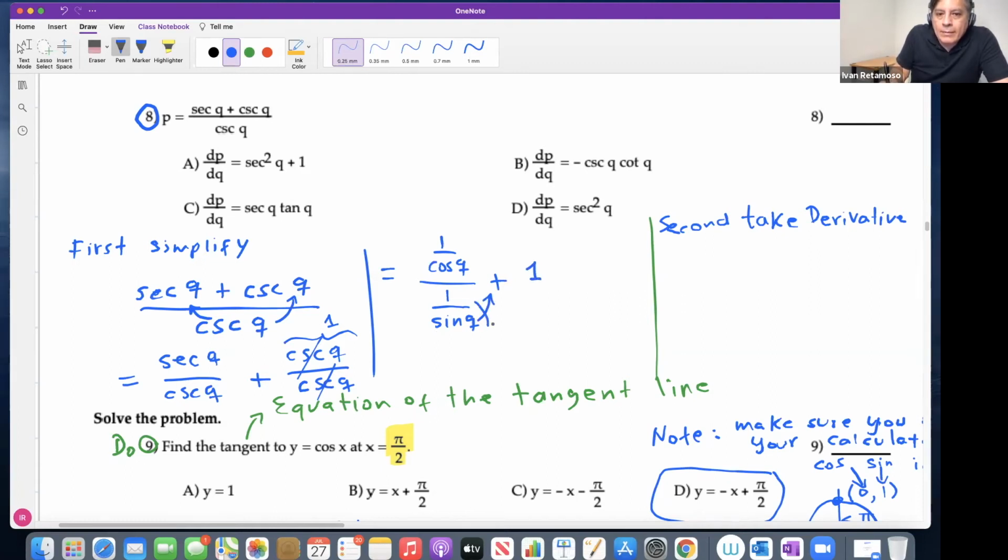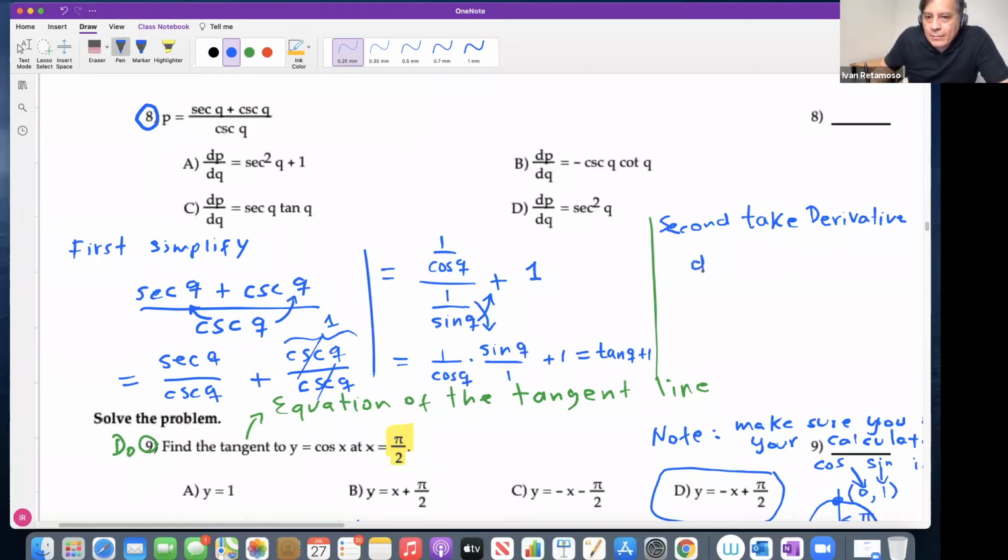Remember, when you divide by a fraction, you end up multiplying by the reciprocal of the fraction in the denominator. This leads to sine of q over cosine of q, which is just tangent of q, plus 1, right?